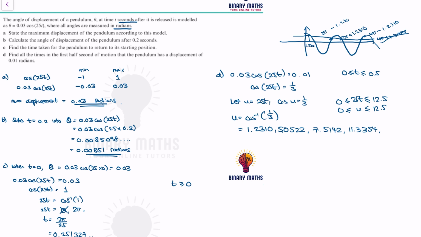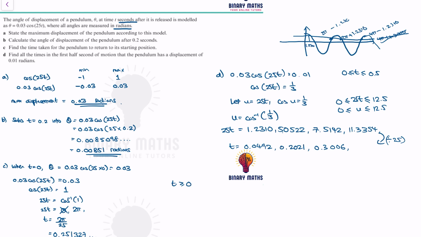Okay, and this was all equal to u, which is obviously 25t. So in order to get t, I need to divide by 25. When I divide by 25, I get 0.0492 as my first value, 0.2021, second value, 7.5142 divided by 25 is 0.3006.